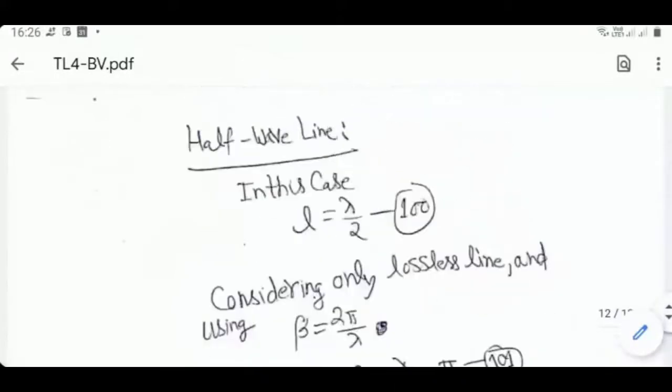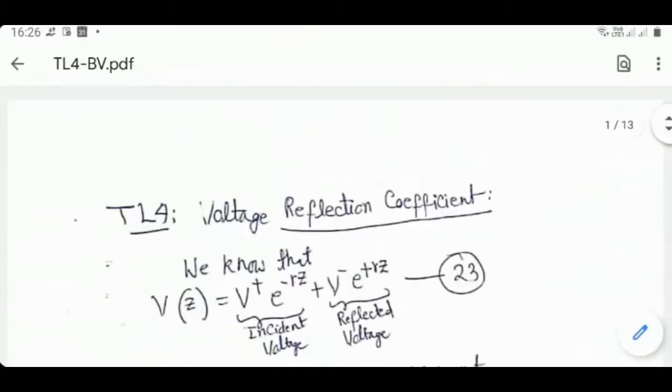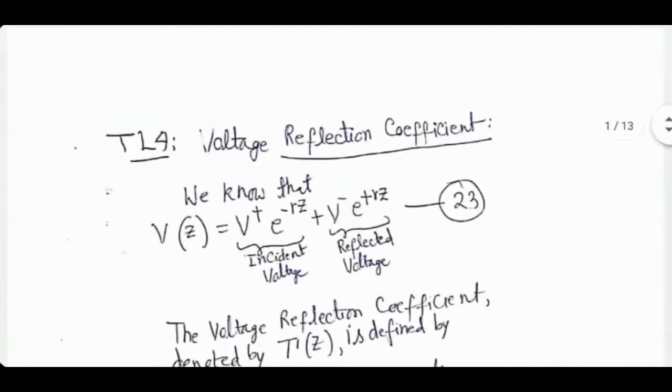Now I want to get back to what I was doing in the previous lecture. Let me quickly run through the entire document once again. We know that in any given transmission line, there will always be some reflected voltage wave. How bad is it?